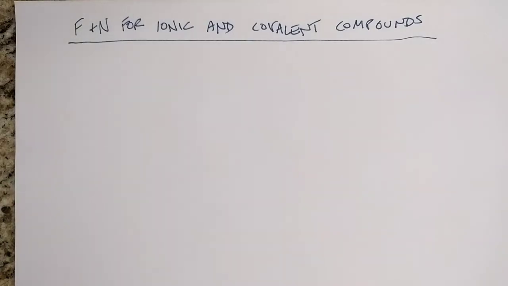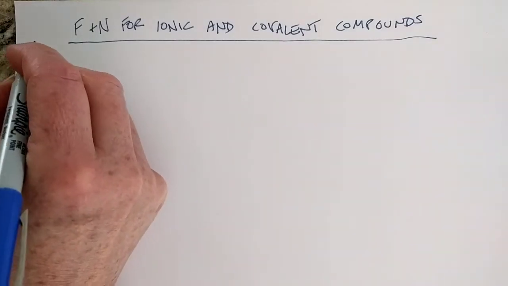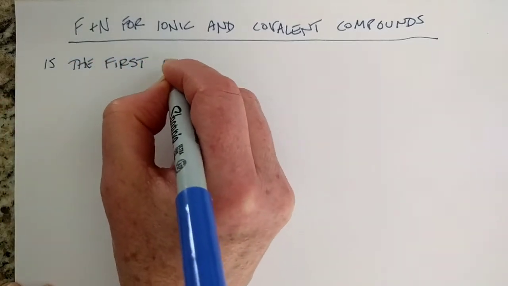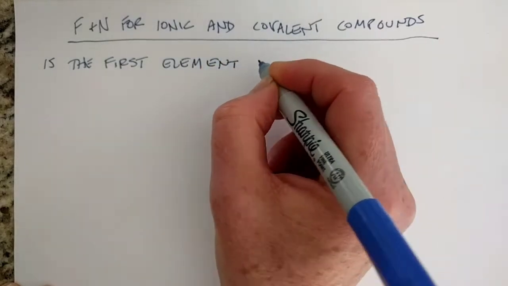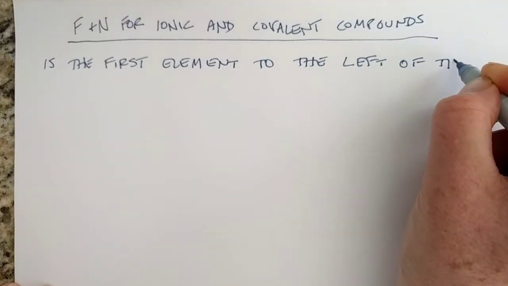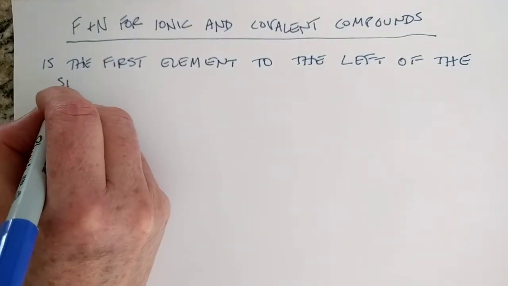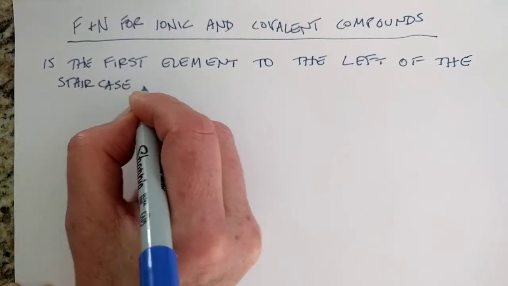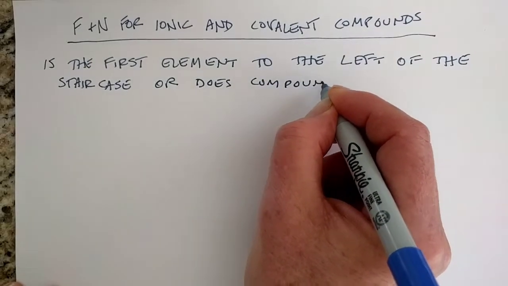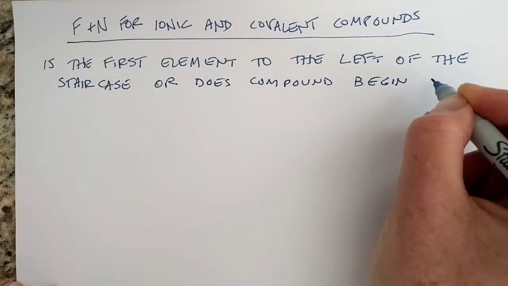All right, so the big question we want to ask ourselves is this: is the first element in the compound to the left of the staircase, where our metals are except for hydrogen, or does the compound begin with NH4 or ammonium?